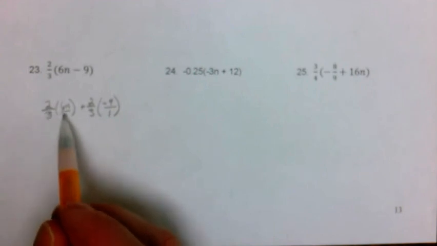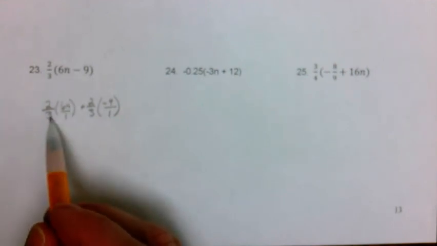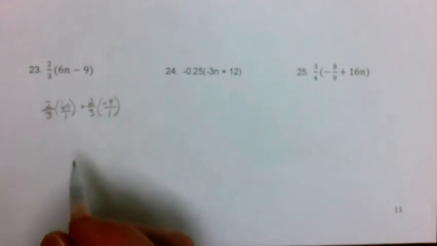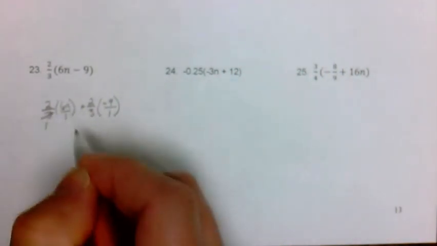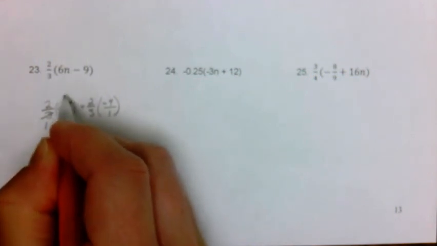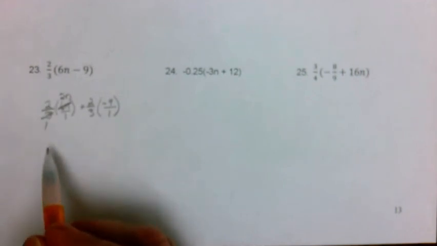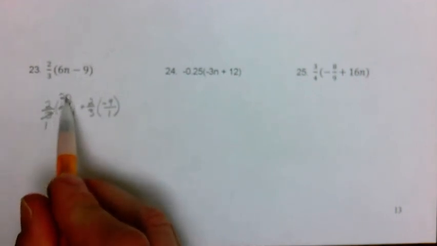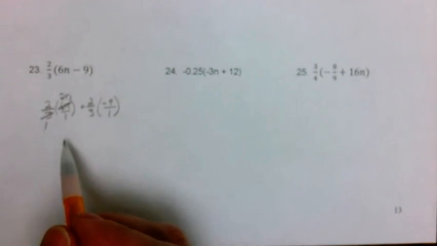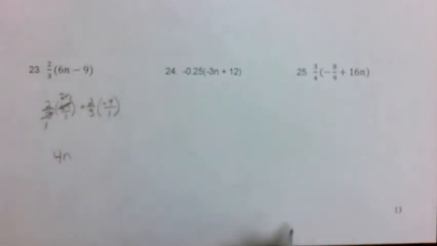So looking at 2/3 times 6n over 1, I realize that I have a numerator and a denominator with a common factor. 6n and 3 have a common factor of 3. 3 goes into itself once, and 3 goes into 6 twice, so 6n is going to become 2n. And now we have 2 over 1, which is just 2, multiplied by 2n over 1, which is just 2n. So this is 2 times 2n, or 4n.